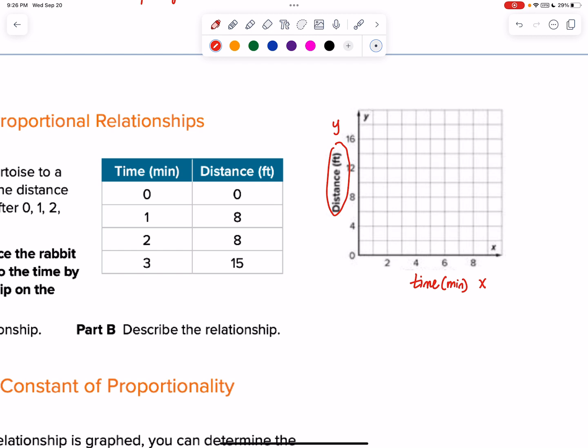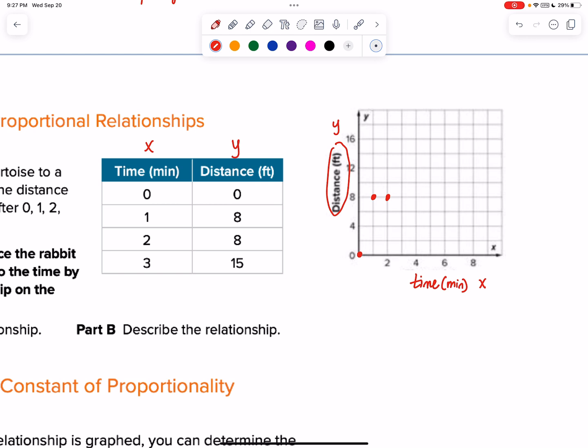Again, I like to label it on the table so I can see. At 0 minutes, we have 0 distance. So far, it's meeting our characteristics for proportionality. At 1 minute, we went 8 feet. At 2 minutes, we also went 8 feet.